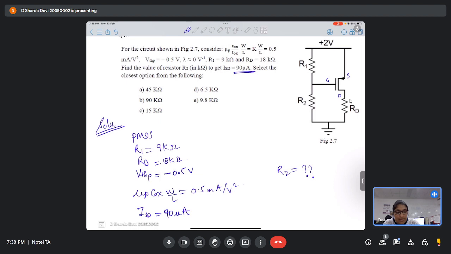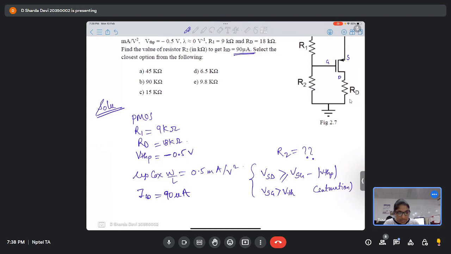See, how do you find out whether a transistor is in saturation or is in linear region? For PMOS, you need to know VSD should be greater than or equal to VSG minus mod of VTH, right? For it to work in saturation. So this is the condition that you need to know. And since it is actually working and giving current, that means VSG is greater than VTH. That is obvious, because it is giving a current, right? So now this is the condition that we need to check.